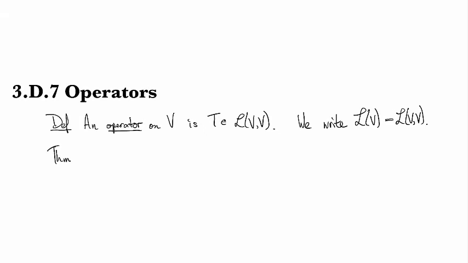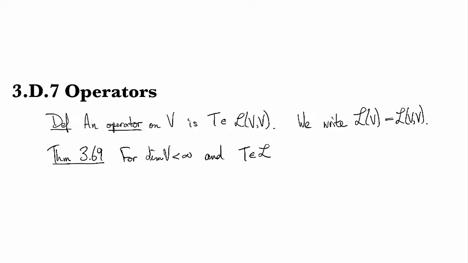So the first important thing to know about operators is that for finite dimensional vector spaces, linear operators have the following equivalent properties.